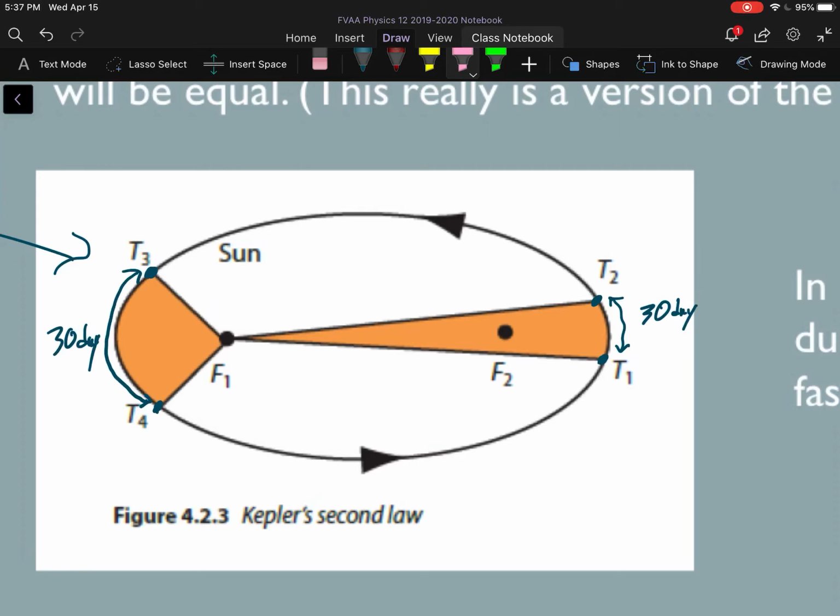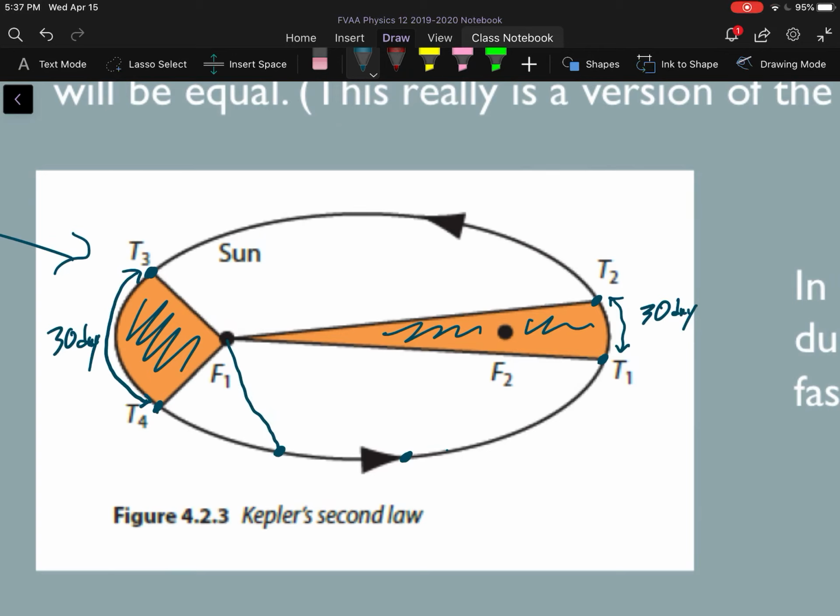The area here is equal to the area here. So let's choose another 30-day spot. Let's do T5 here, and maybe T6 somewhere here.